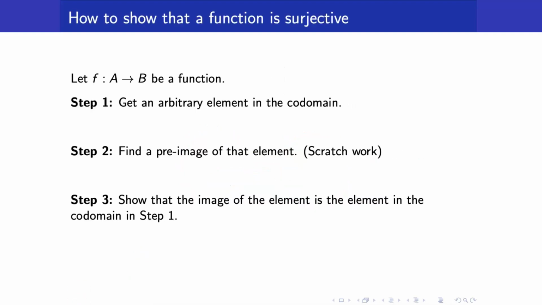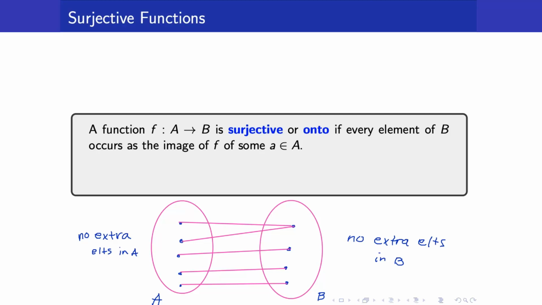So how do we now show that a function is surjective? What is the definition of a surjective function in symbols? Let me just go back to the definition. It means that for every element in B, it occurs as the image of some element of A. So we have f of a equals b for some element a.